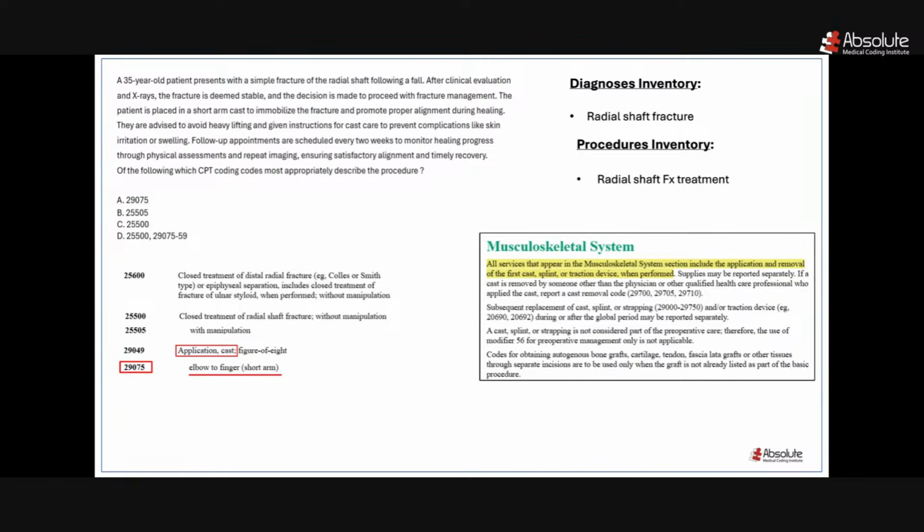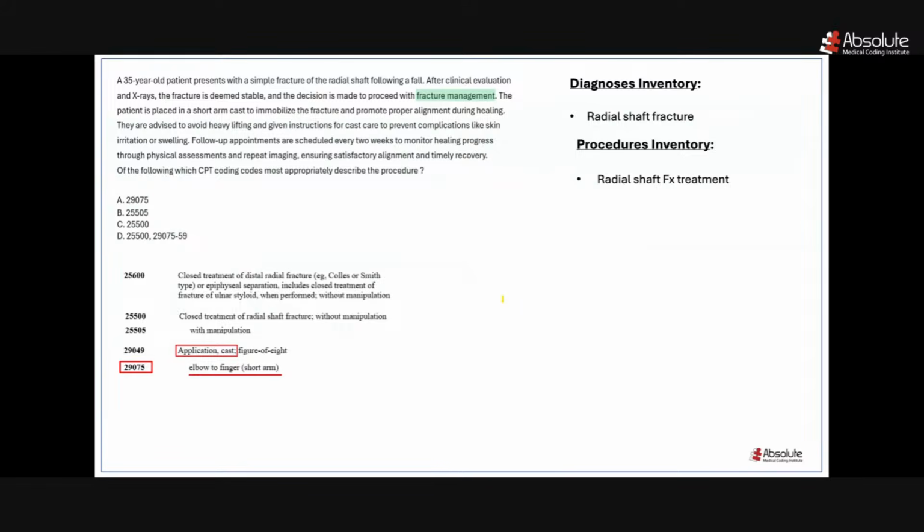Okay, I will give you a tip. Yes, this is the guideline. We all know that initial cast application and removal are included in the fracture treatment codes, right? Yes, it's included in the fracture management. And it was clearly documented that there was fracture management performed in the scenario.